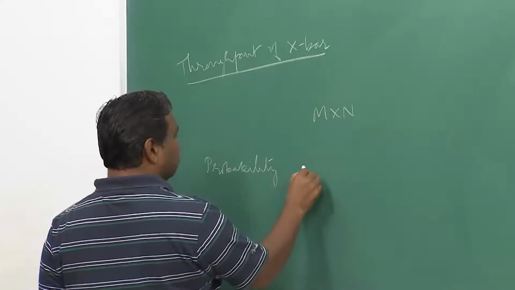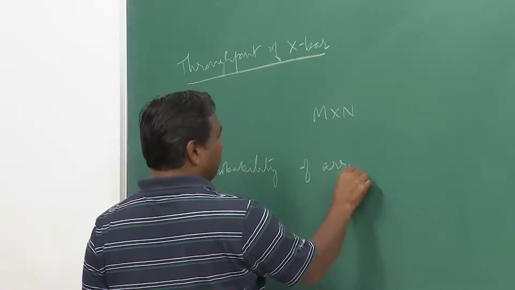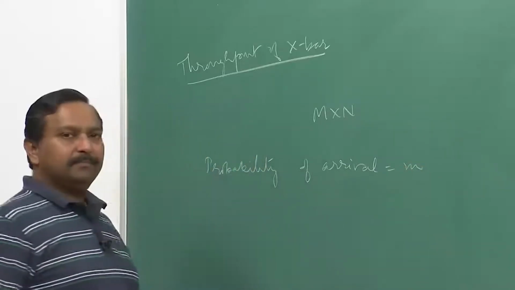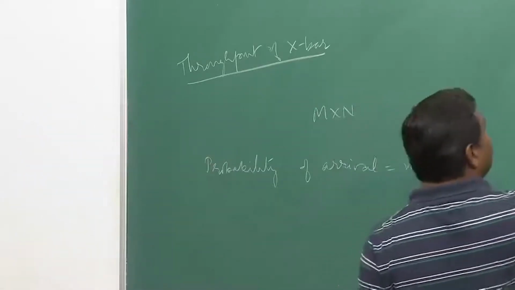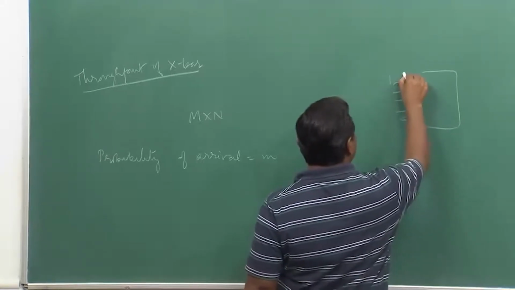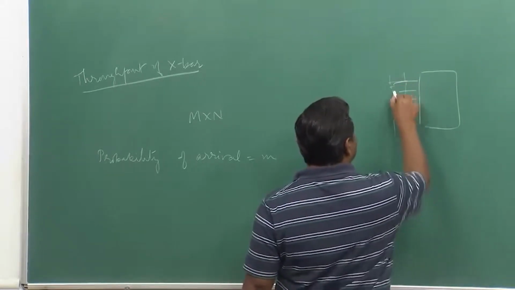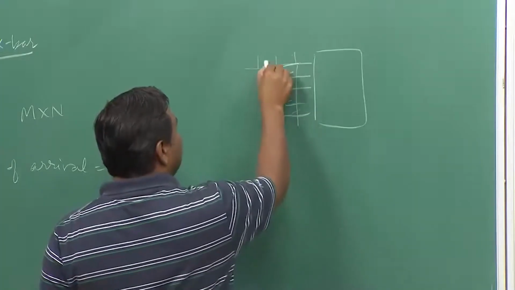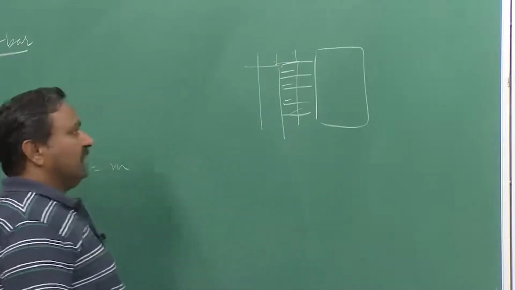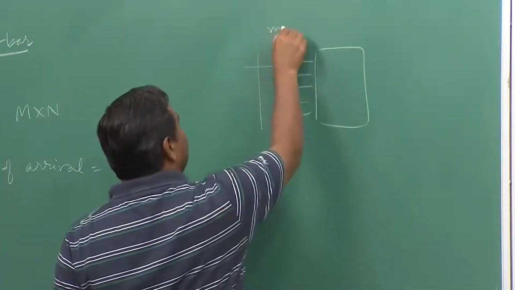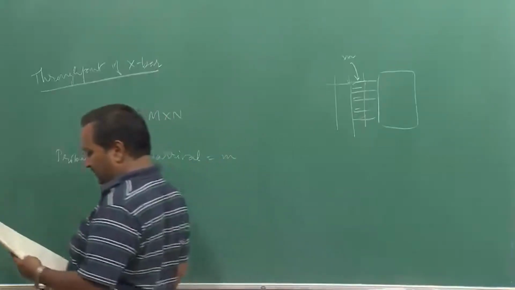It is a slotted system. So, if there is an m by n crossbar, packets are coming at the input and it is a slotted structure. In one slot packets will be coming at various input ports, in the second slot a new set of packets will be coming in, and the probability that a packet will be there in a slot is given by m. That is what I have written here.